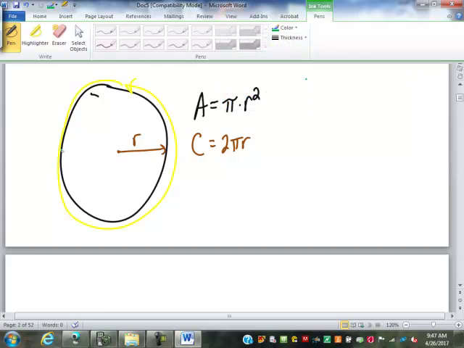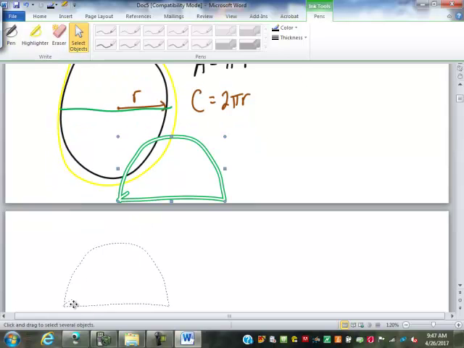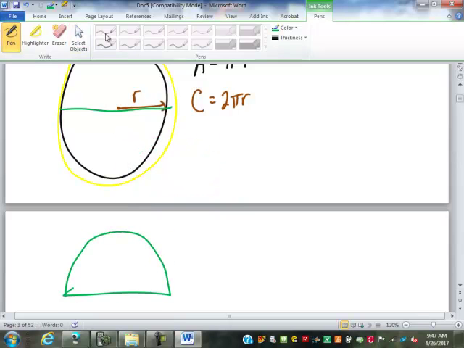Well, if I cut this circle in half, and I just look at this half of the circle, what's the distance? Come on. What's the distance around this half of the circle? It's half the circumference, isn't it? If I divide that by 2, what do I get? Well, the 2's cancel out. That's just pi times radius.